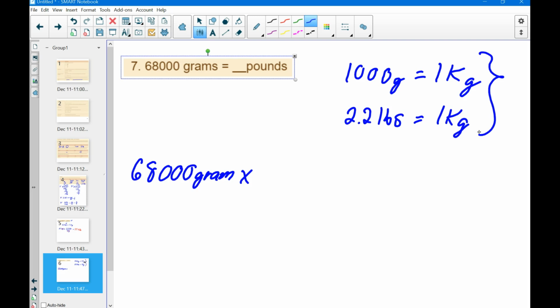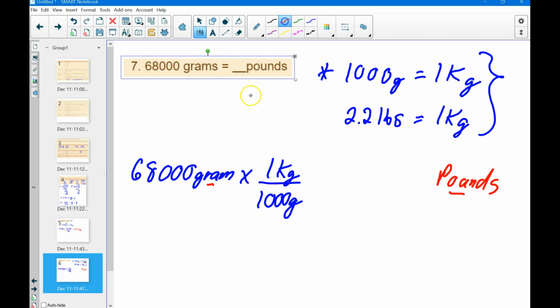My final answer has to be in pounds, right? So I've got to get from here to here somehow. Grams have got to go, so I want to use this one here, with grams on the bottom, so 1 kilogram on top, divided by 1,000 grams.